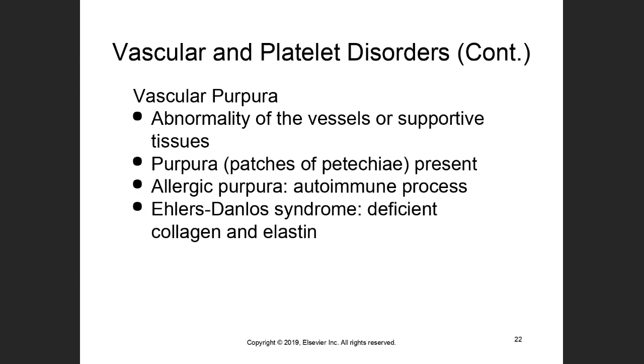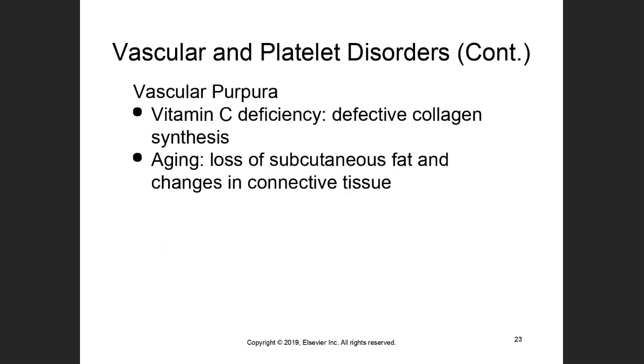Vascular purpura, abnormality of the vessel or support tissue, purpura, petechia, patches of petechia present, allergy purpura, autoimmune process, Ehlers-Danlos syndrome, that's a genetic disease, and it's a problem with collagen. And remember that we need collagen for the coagulation.